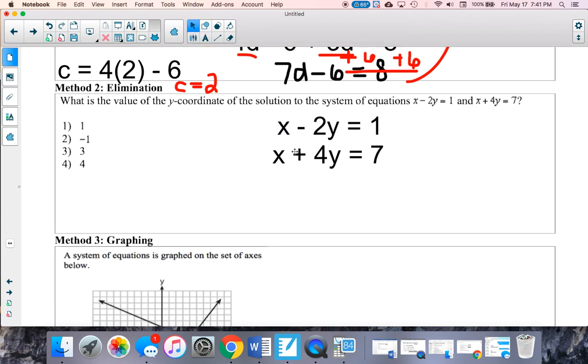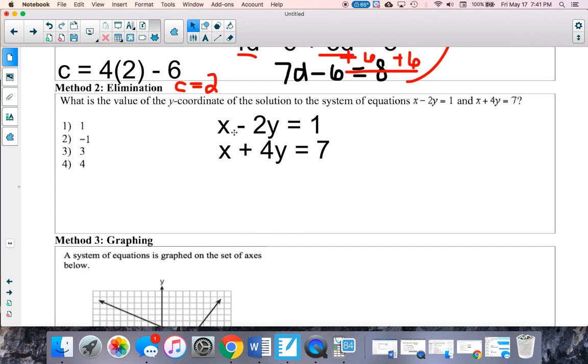When you want to use elimination, what you need are opposite coefficients. So we're going to make sure they're opposite coefficients. I have 1x and 1x. These are not opposite. So what I want to do is multiply the top equation by the coefficient of the bottom and multiply the bottom equation by the coefficient of my top, but I need to make one of them negative.